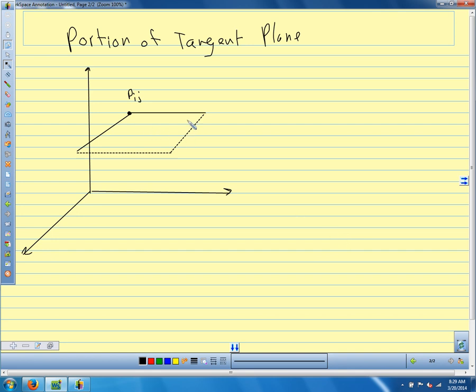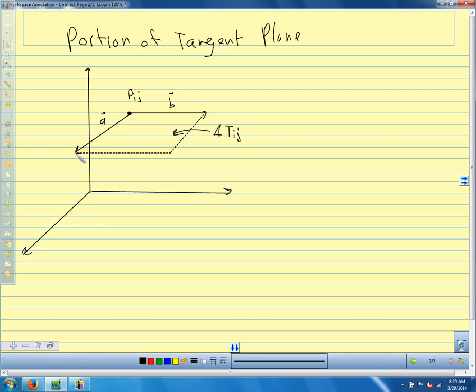I'm going to call the area of this piece delta T sub ij. We're going to represent these two sides of this little piece of the tangent plane with vectors. This is going to be vector A, and this is going to be vector B. Again, this corresponds to a little element of surface, delta x sub i and delta y sub j, in the xy plane.